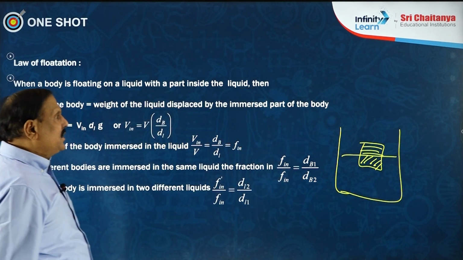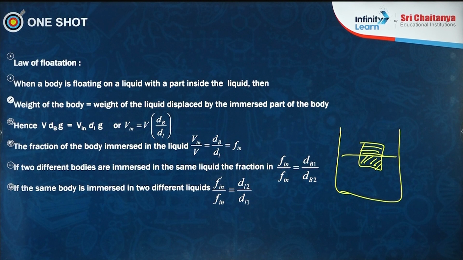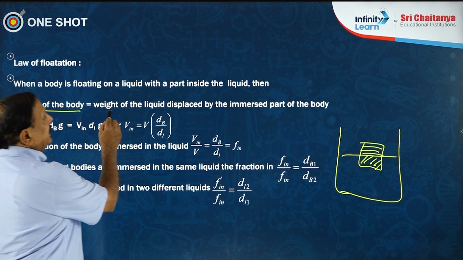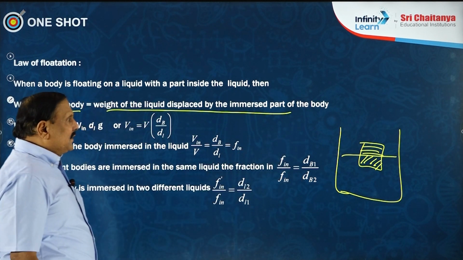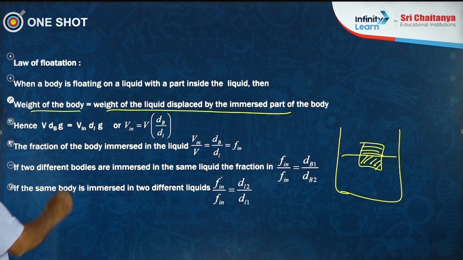That is called partial immersion. Then we can say that weight of the body is equal to weight of the liquid displaced, that is upthrust only. So weight of the body is equal to upthrust.